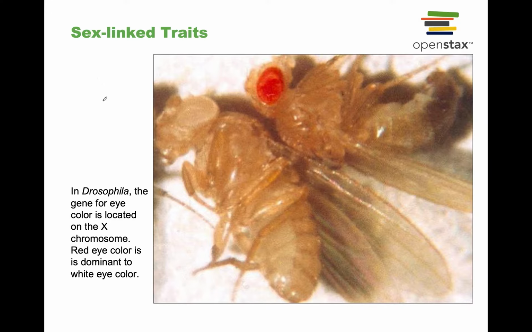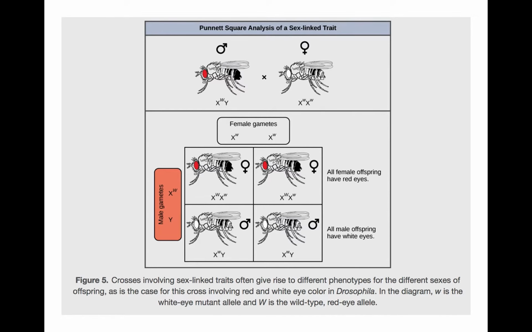So when Dr. Morgan's lab was studying the inheritance pattern of eye color, he noticed that there is sex dependency in terms of the ratios that he observed. So it depends on which sex he was looking at. The cross that was made was a male fly with red eyes, so obviously the male has the dominant allele.